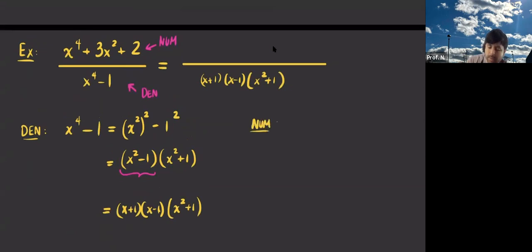The numerator seems a little bit more tricky, right? X to the fourth plus 3x squared plus 2. Remember what happens when we have something in this form, where the first term is the second term just squared? Remember what we do when we have situations like this?